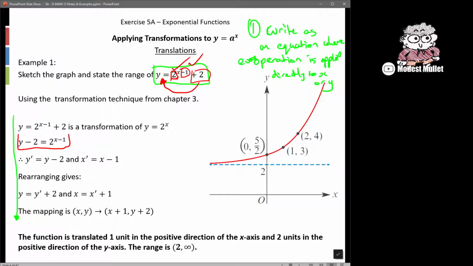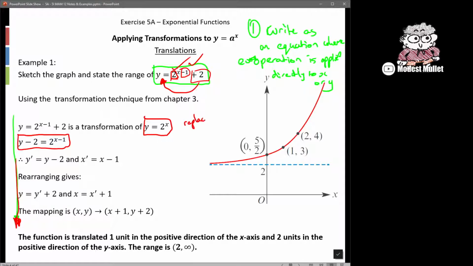Now that we've gone to that bit there, you can do the dash method, which is all of this, or we can use our inspection really quickly, where we can see the most basic form has to be y equals 2 to the power of x. What are our transformations using inspection?